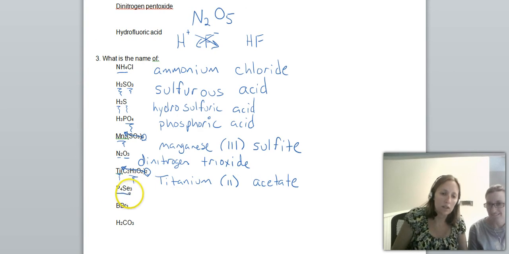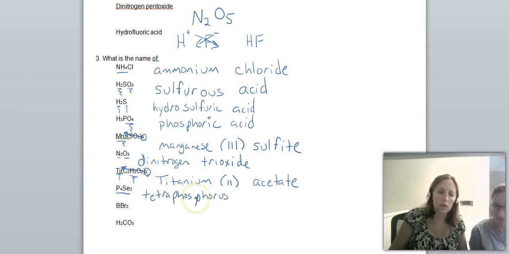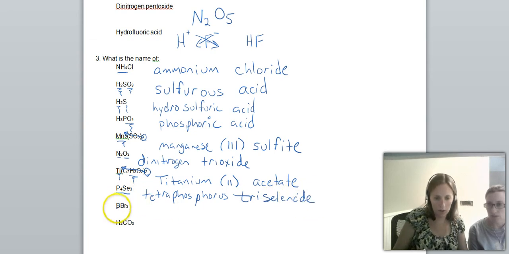Here we've got nonmetals, so this is tetraphosphorus. I know, right? And then we've got 3 seleniums, triselenide. Here we've got nonmetals, so this is boron.